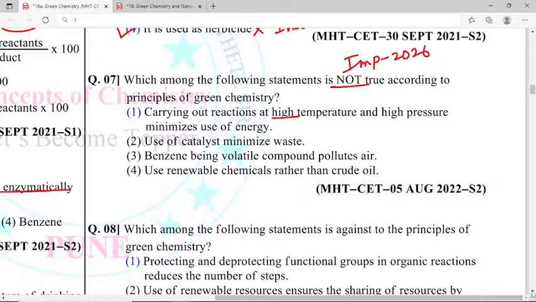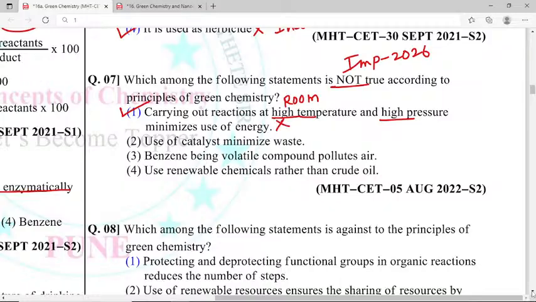No, this is not at high temperature. This is room temperature, not high pressure. This is moderate pressure. So this is the not true statement. Get it?